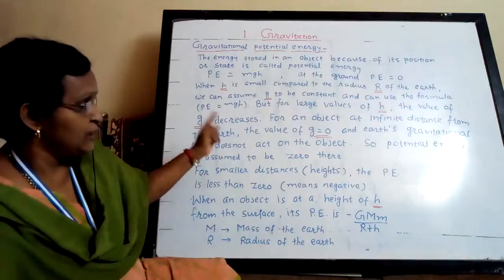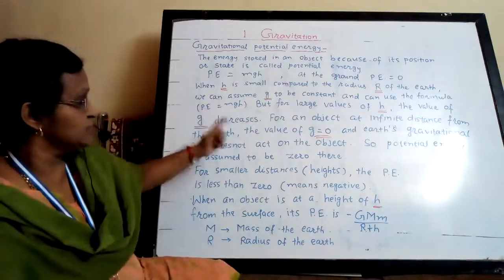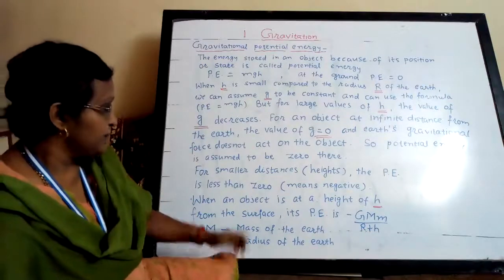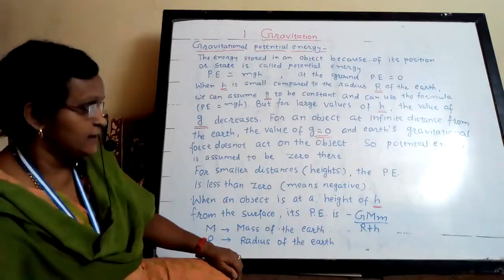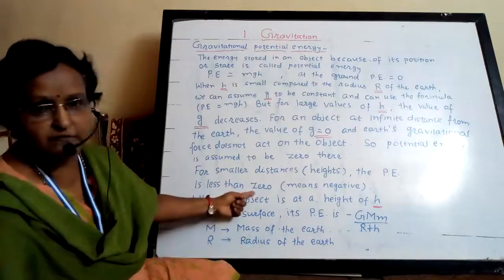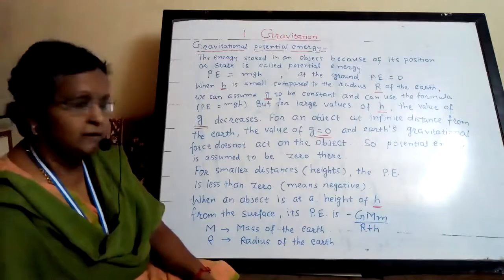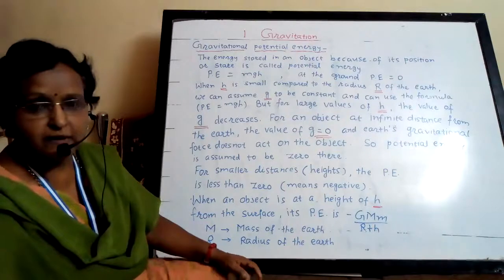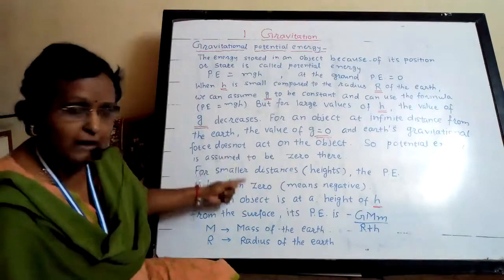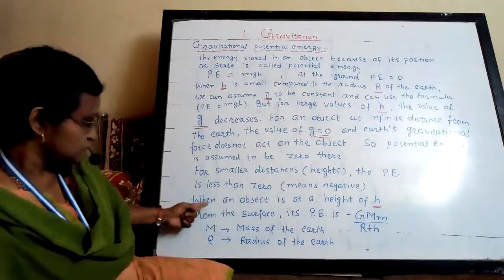For smaller distances h, that is height, the potential energy is less than 0, and when we say it is less than 0, then it is negative.